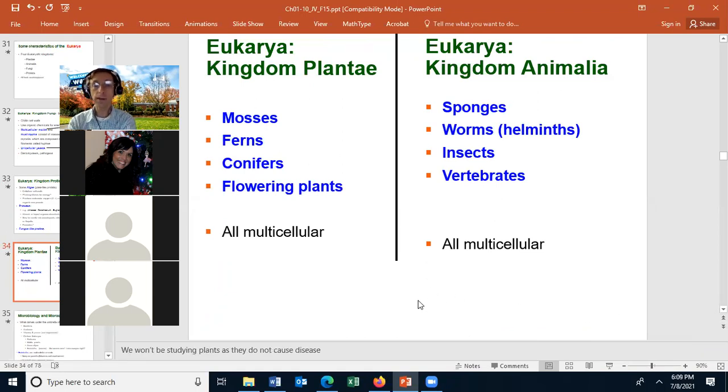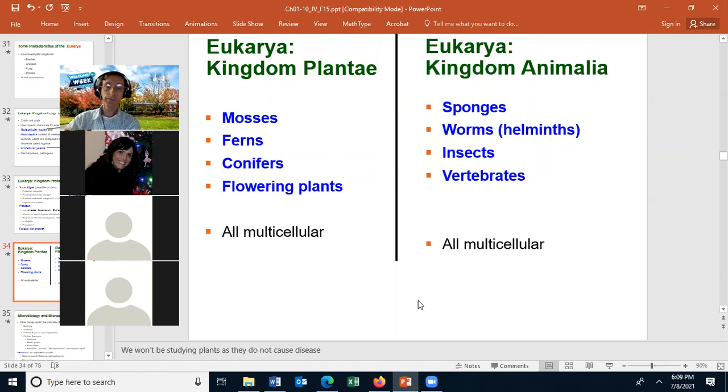We're not really going to be talking much about plants because they do not cause human diseases, but you can separate the kingdom Plantae into 4 categories: mosses, ferns, conifers, and flowering plants. And all of the members of the plants are multicellular.